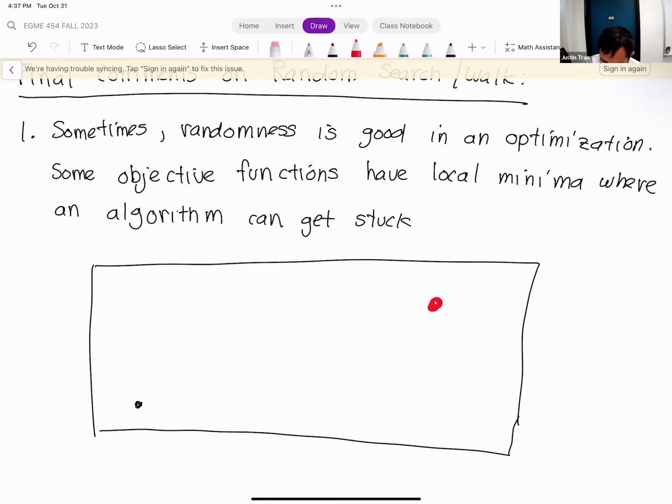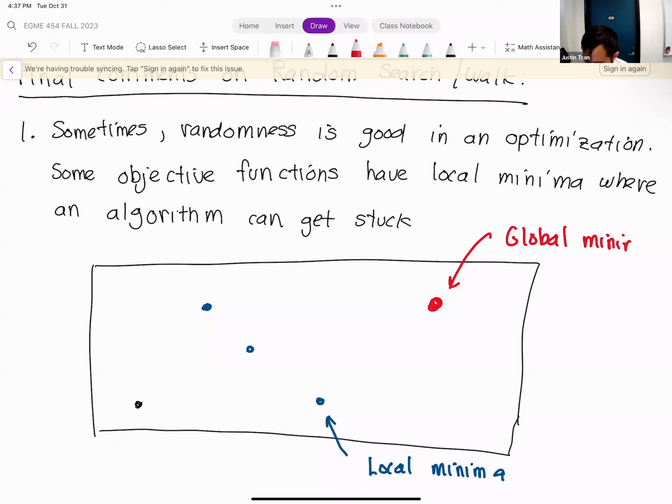But along the way, let's say there are a lot of smaller dots, and these smaller dots are local minimums. When you're in that vicinity, it may seem like you're finding the optimal value, but it's not as optimal as where the red dot is. So these blue dots here are local minimums, where this red dot is the global minimum.